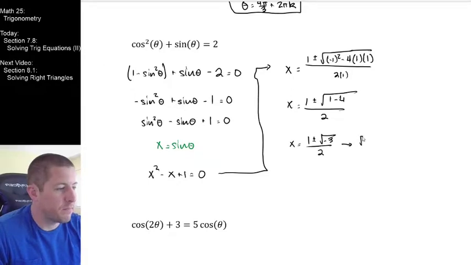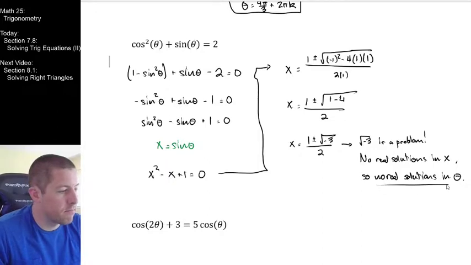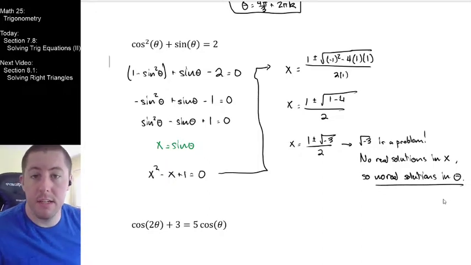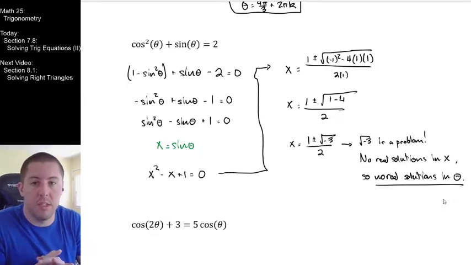Basically there's no real solutions in x, so therefore there's no real solutions in theta. So my final answer is that there are no solutions to this equation.